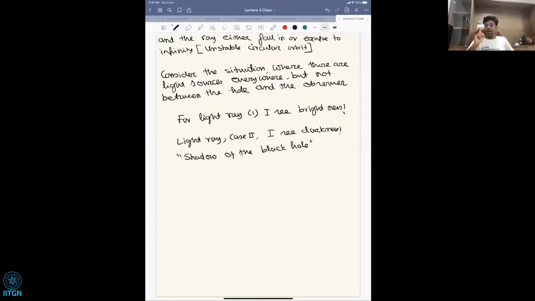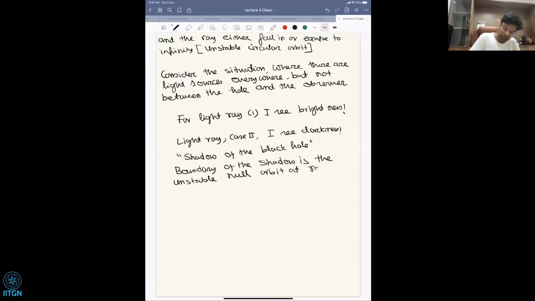And in fact, remember the boundary of the shadow is the unstable null orbit at r equal to 3m. So I should see a black circle in the sky if I am further away.